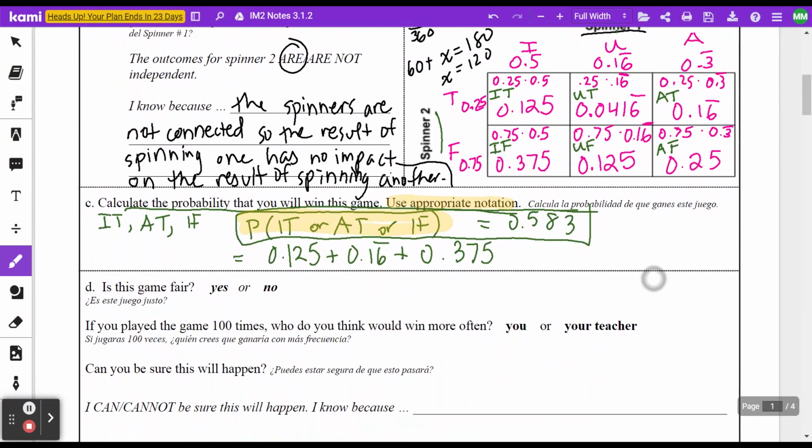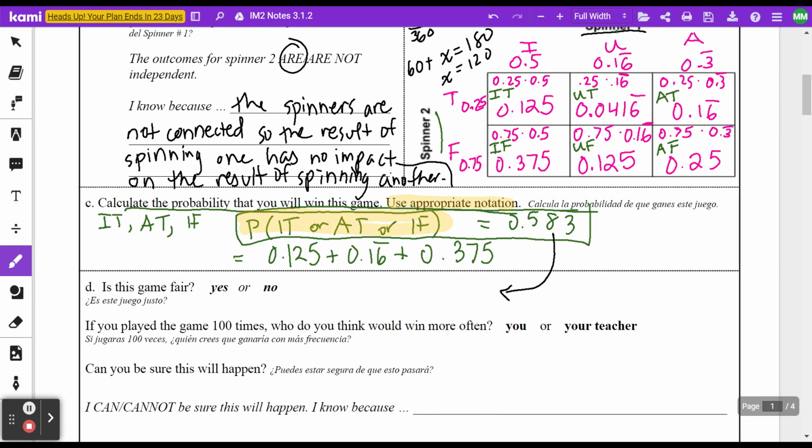All right, now we're at this question. Is this game fair? Hmm. Well, observe that the probability of winning is 0.583. That tells you that you're not going to win like half the time. You're going to win a little bit more than half the time.